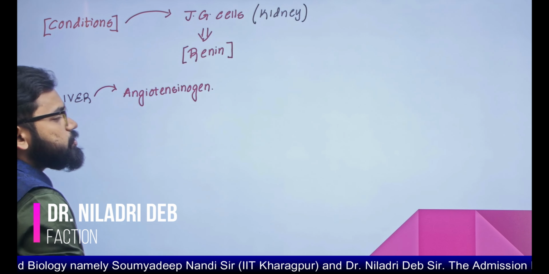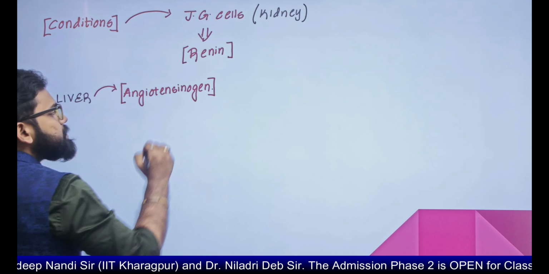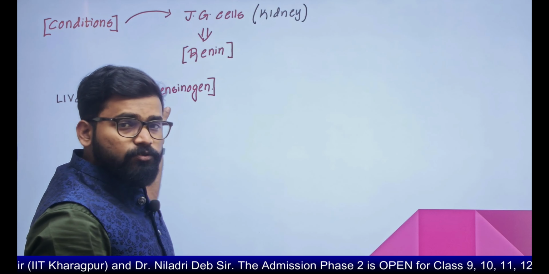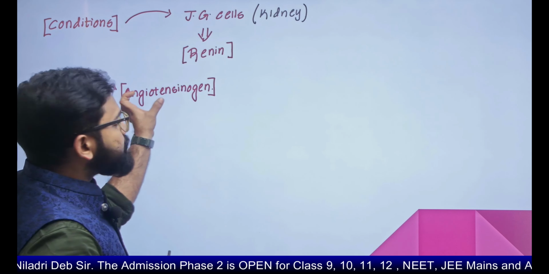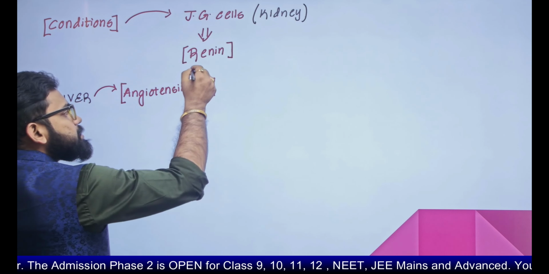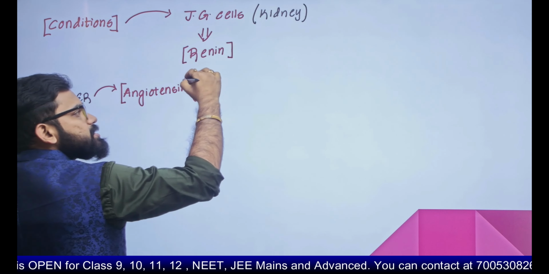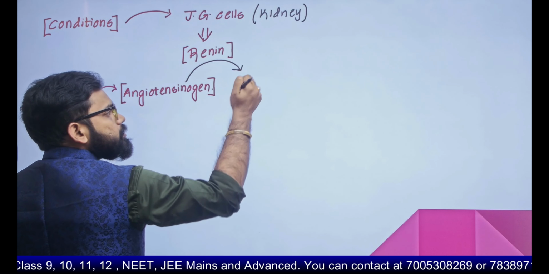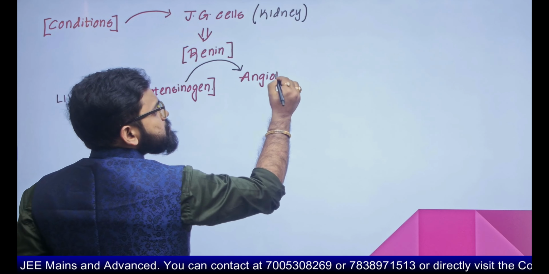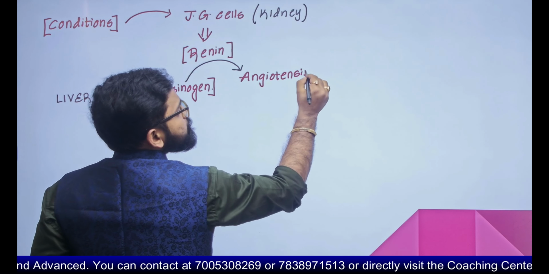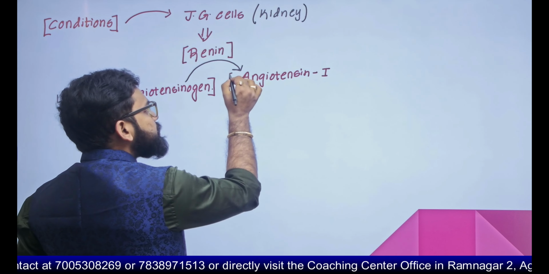This angiotensinogen is released by liver into the circulation, that is in blood, into the plasma. You can also say it is a plasma protein. In the presence of renin, this angiotensinogen, that is in inactive form, is converted into an active form called angiotensin first.